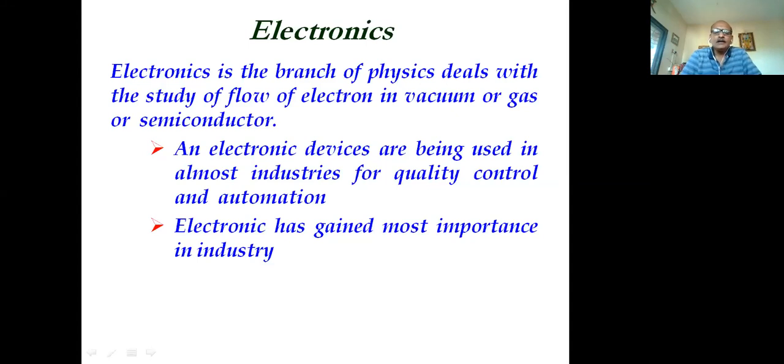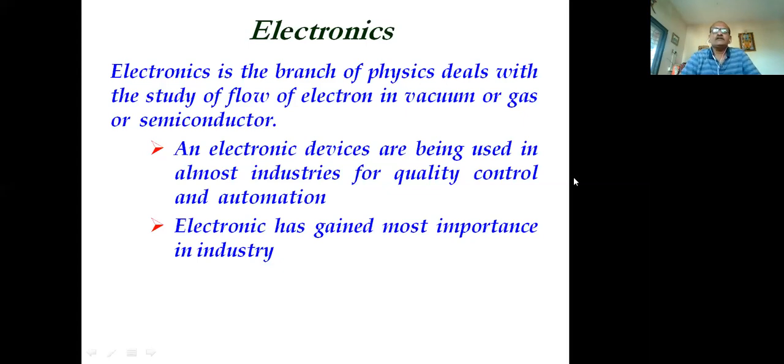Now, electronic devices are being used in almost every industry. For quality control and for automation, a number of electronic devices are used in industry. Electronics has gained the most importance in industry. Here we have to study electronics.